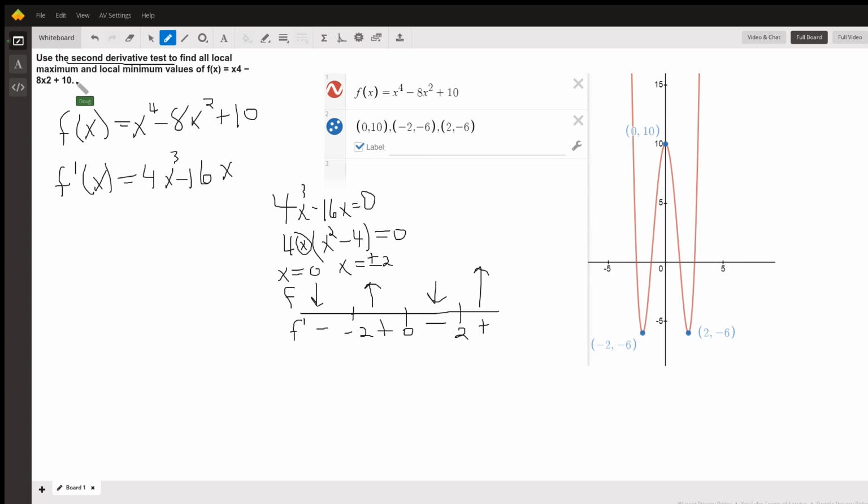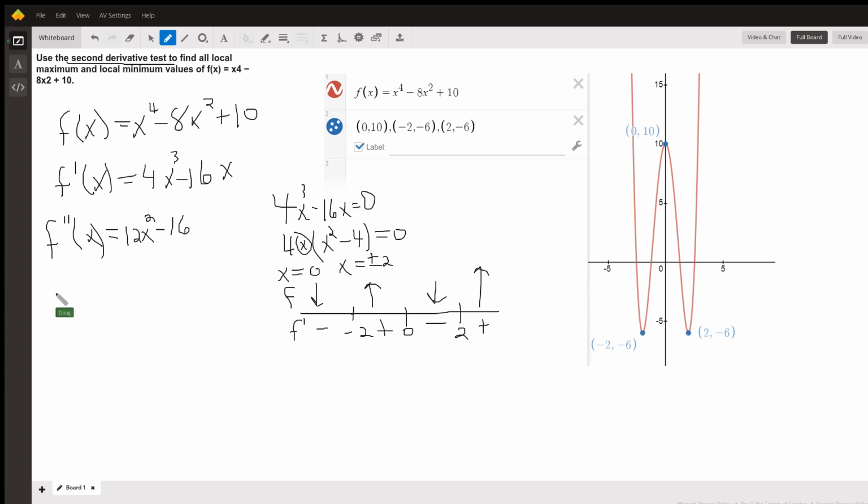But we're supposed to use the second derivative test, which means we find f double prime, which gives us 12x squared minus 16. Now, there's two uses for the second derivative as far as graphing functions goes. We can use it to test for concavity, and we can use the second derivative to identify local maximums and minimums.